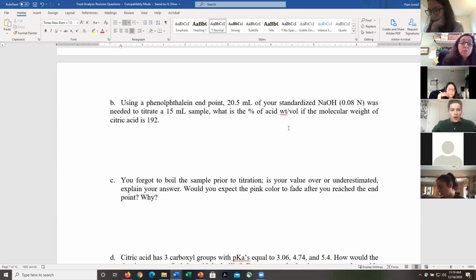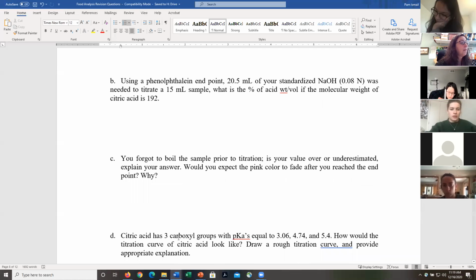Here you have to multiply by the equivalent weight of the acid. Now, how would you know the equivalent weight of the acid? I gave you the molecular weight. And if you look down to section D, I gave you that it has 3 carboxylic groups. So I'm telling you now that you need to divide 192 by 3, basically.